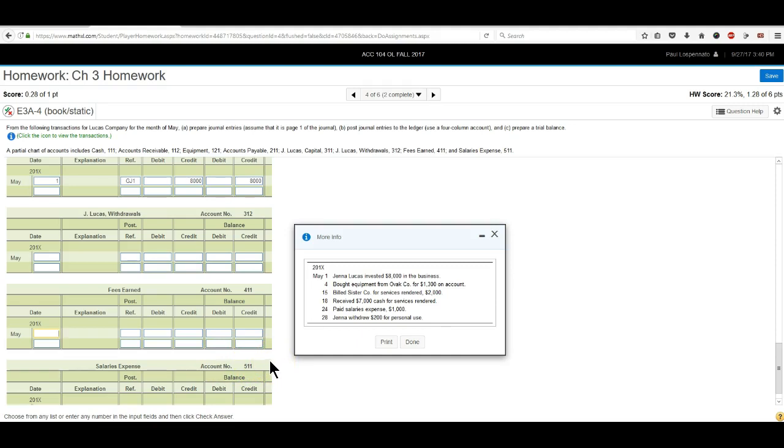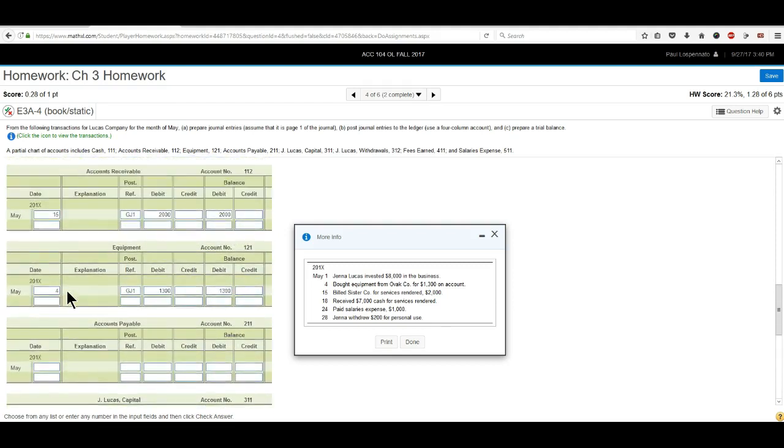Okay, so anyway, we got the fees earned of $2,000 that was recorded on the 15th, so we stick the 15th in there. It's already in the accounts receivable account, am I right?